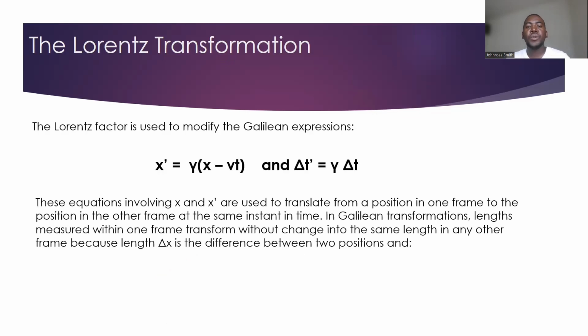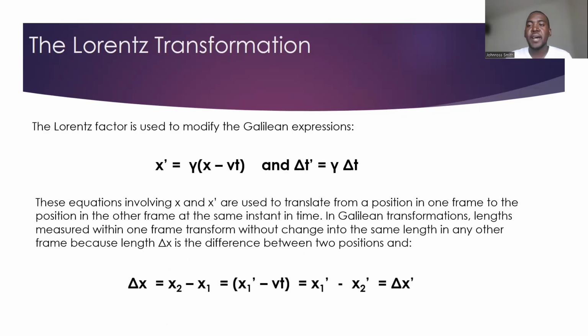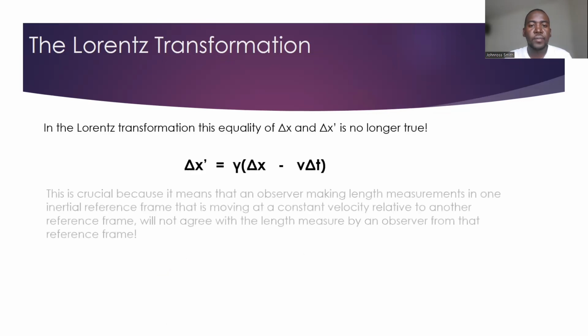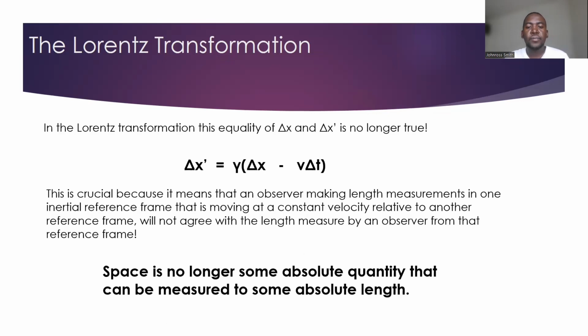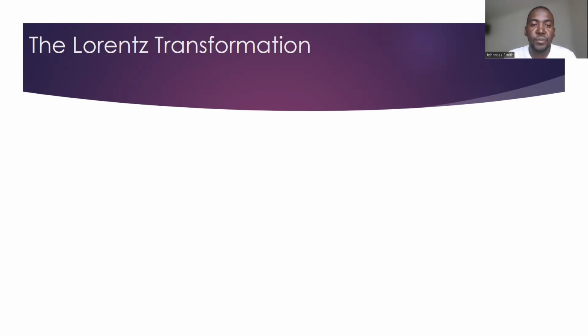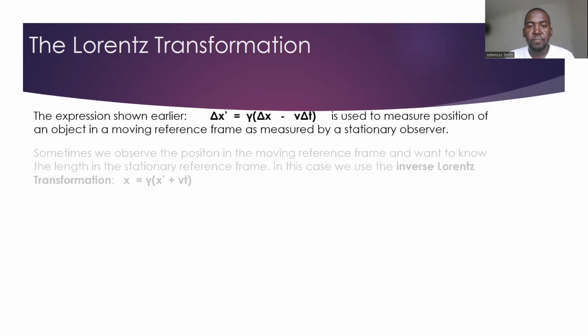So what we do now is include that Lorentz factor inside our Galilean expressions, which gives us these equations from last week utilizing the Galilean factors. Right? So based on this, we see that space is no longer some absolute quantity that can be measured to some absolute length.